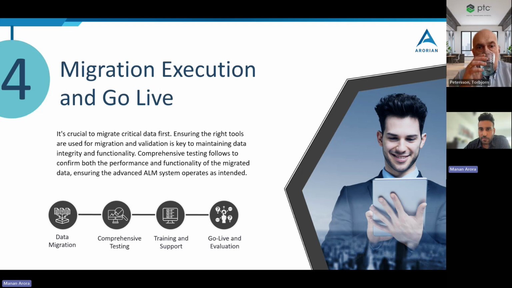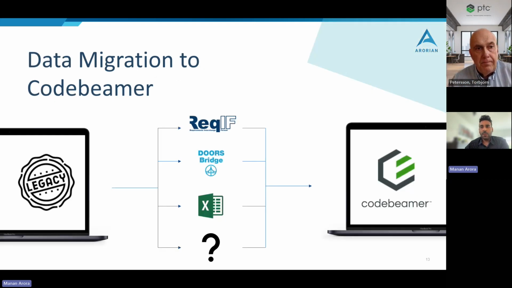Now that we have gone through the 4 steps of the customer migration journey, we'll look specifically at migration to Codebeamer. While migrating from any legacy ALM system to Codebeamer, there are multiple ways to achieve the data migration, and some of those methods are sometimes not enough.